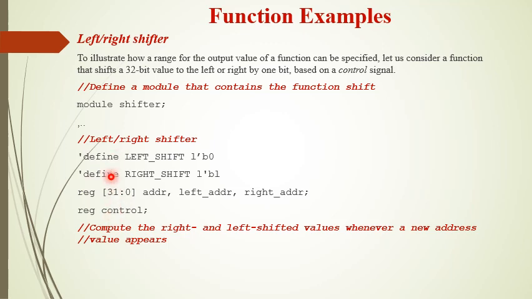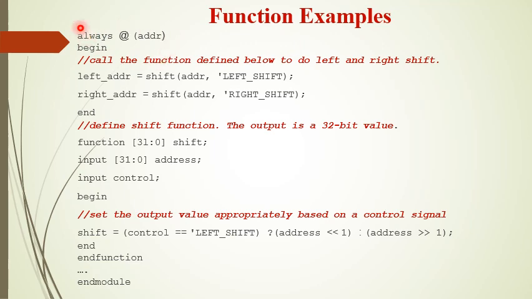Before going to the function, in the main program we define an always block in which the sensitivity list is the address. I call the function shift. So the function that we are going to write is shift.